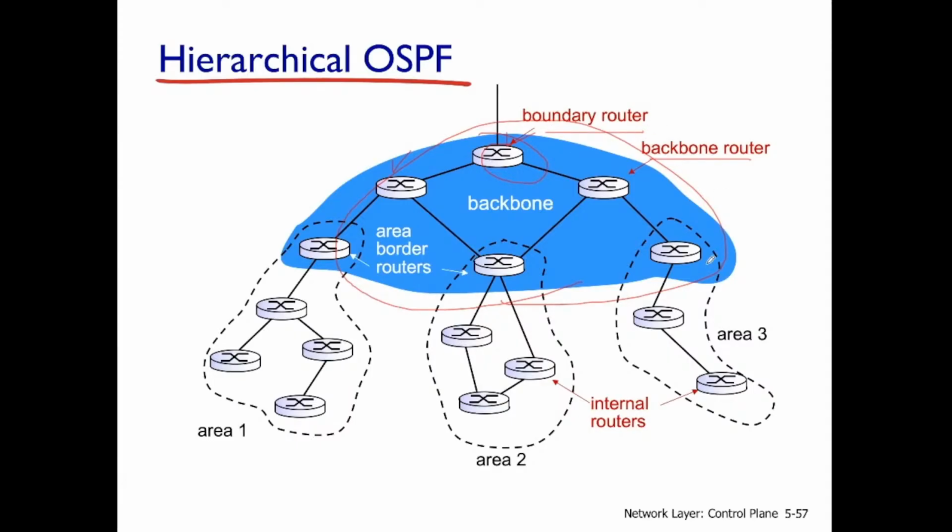Some of these backbone routers are also the managers of the areas, so this guy here and here and here are the area border routers. The area border routers, boundary routers, as well as the other backbone routers together form the backbone, and they will together run OSPF, but that is independent of the OSPF running inside each of these areas.